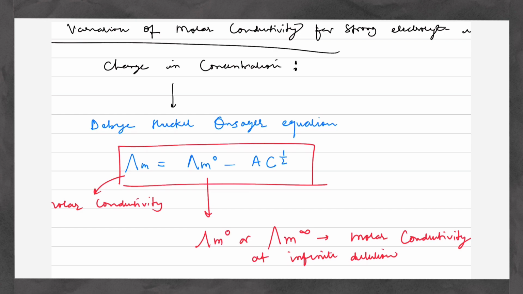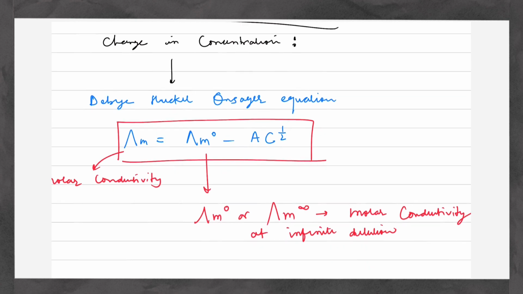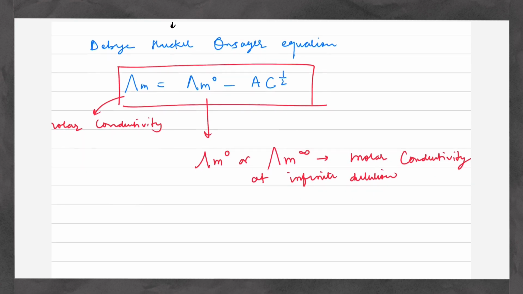To understand variation, we have to study this equation, and with this equation we can plot a graph. This equation represents a line.